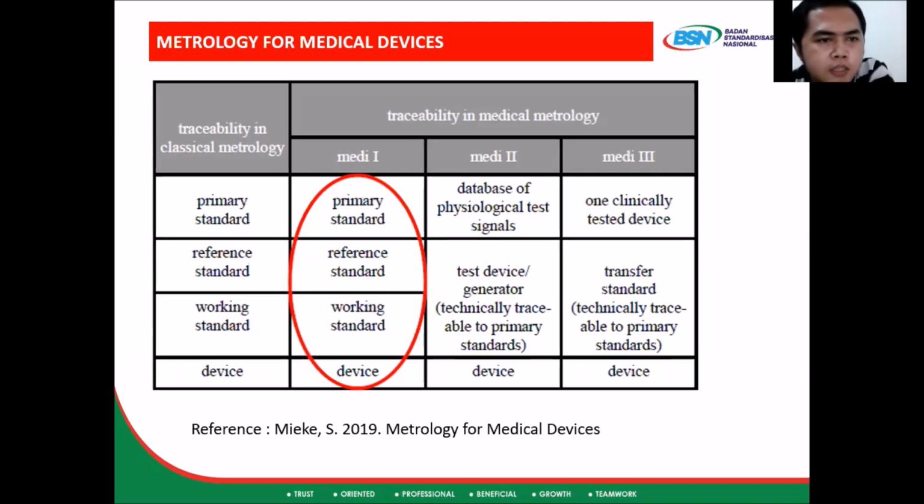Well, the classical metrology, as I explained before, consists of the primary standard, reference standard, working standard, and the device itself.